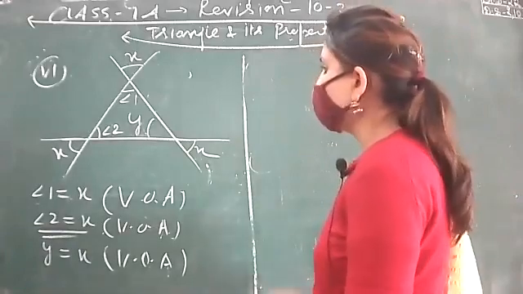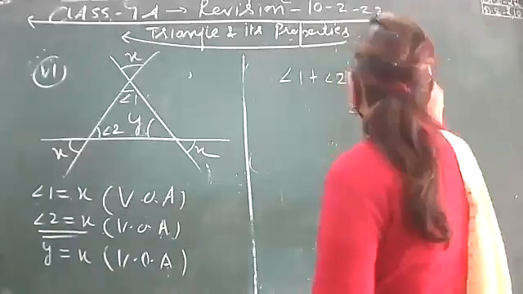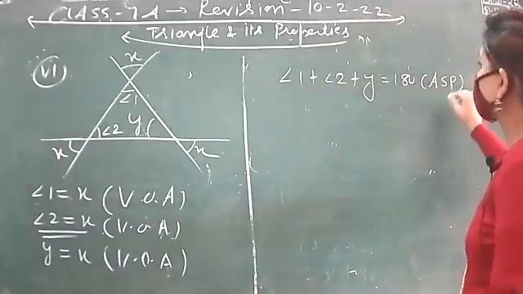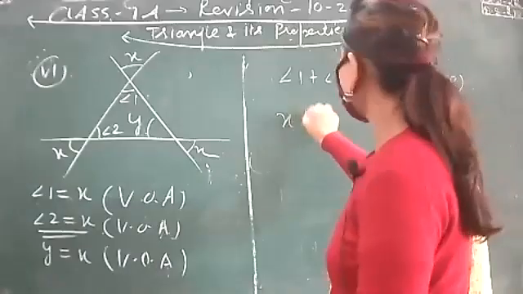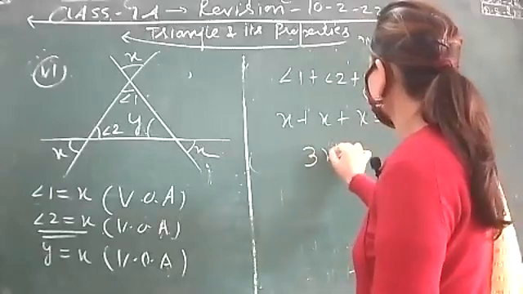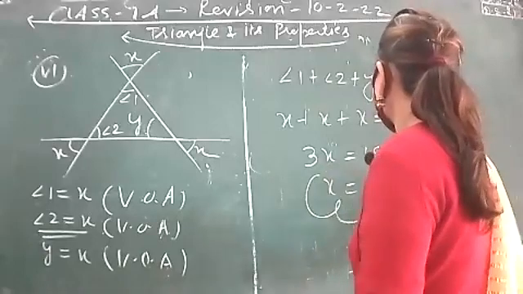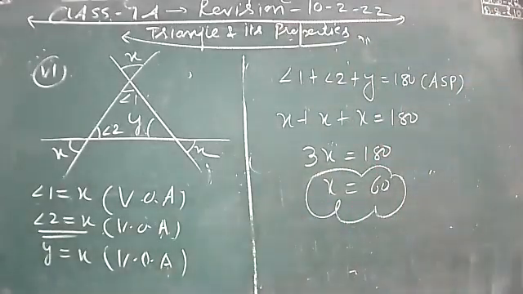So in the given triangle, angle 1 plus angle 2 plus y is 180 degrees. So angle 1 is x, angle 2 is also x, y is also x. X is 60.